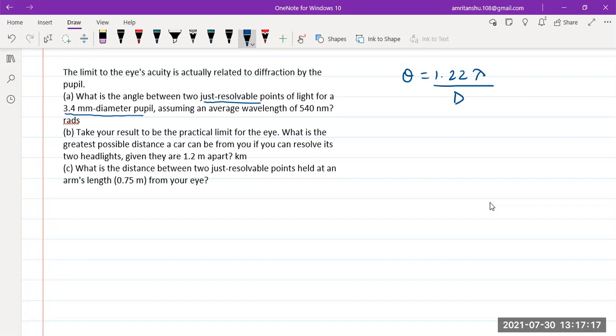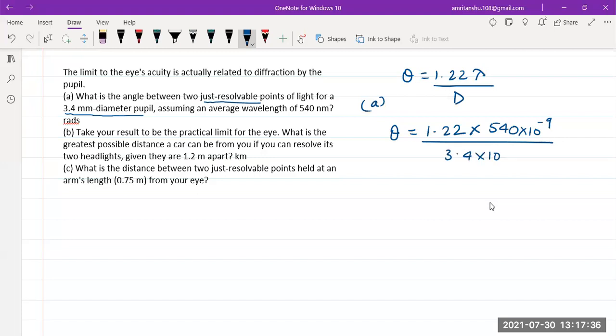So can we calculate theta over here? So here the value of theta will be 1.22. I'm solving the A part first. So 1.22 lambda, here lambda is 540 into 10 raised to minus 9. And what is the diameter of our pupil? 3.4 into 10 raised to minus 3. That's what the diameter D is.